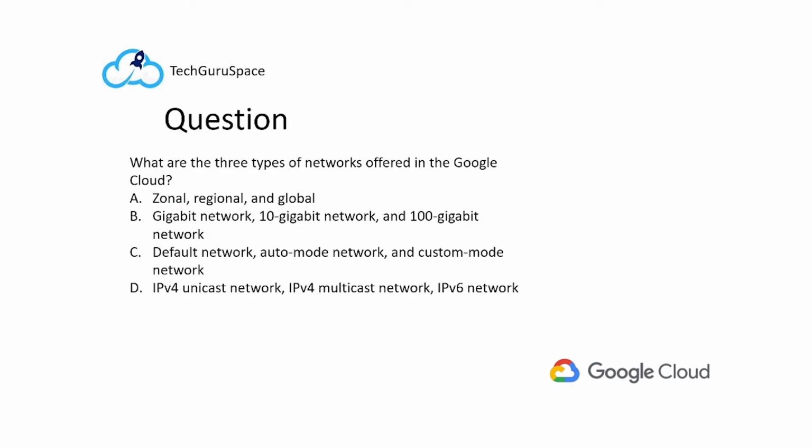Next question. What are the three types of networks offered in Google Cloud? A, zonal, regional, and global. B, gigabit network, 10 gigabyte network, and 100 gigabyte network. C, default network, auto mode network, and custom mode network. Or the last one, IPv4 unicast network, IPv4 multicast network, or IPv6 network.